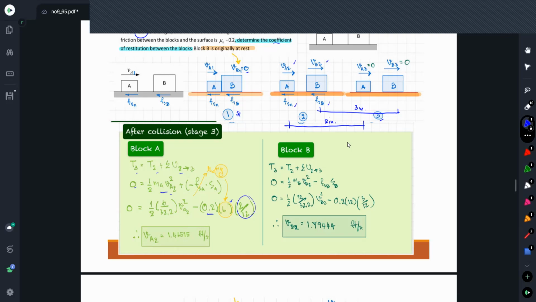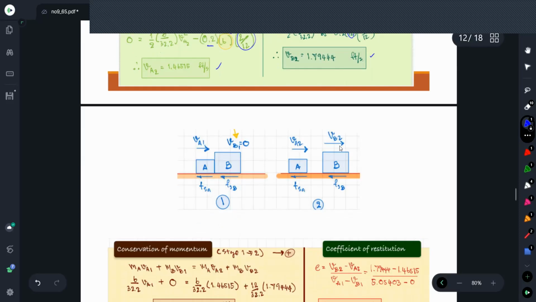After we solve this equation, we obtain the velocity of block A as 1.46 foot per second. In the same manner for block B, with a different weight and different distance, we obtain the velocity of block B as 1.79 foot per second.